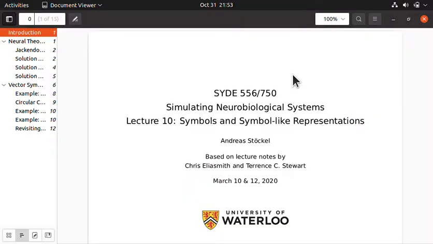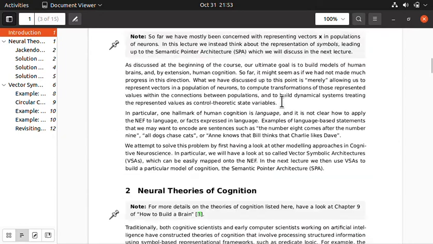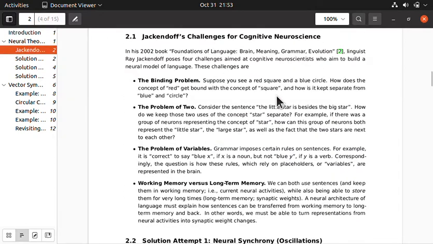If we switch over to the lecture notes a little bit, one formulation of this challenge was from a 2002 book by Ray Jackendoff, Foundations of Language: Brain, Meaning, Grammar, and Evolution.